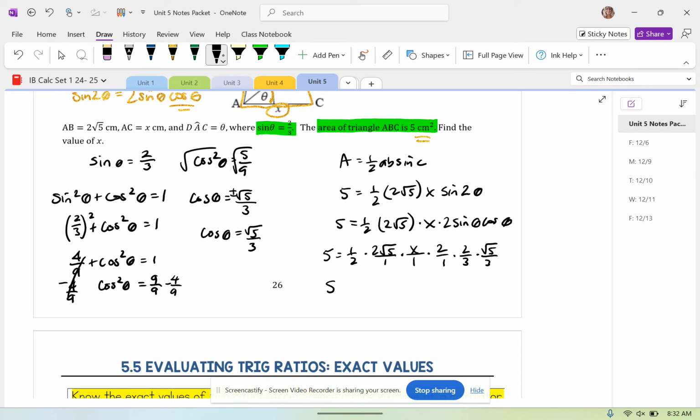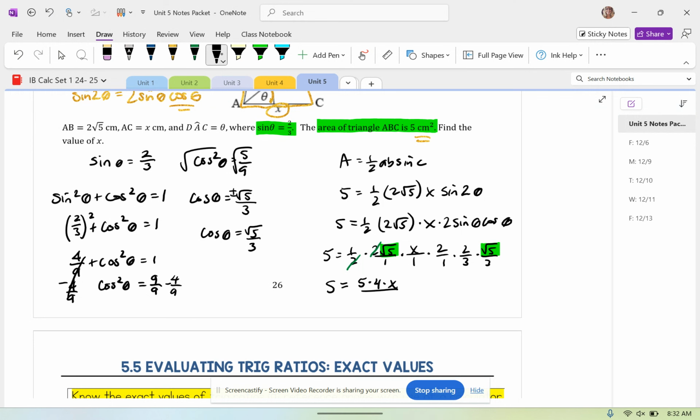So let's see what we can cancel here. All right, so I got 2/2. Those are going to cancel. Okay, so I've got rad 5 times rad 5, which becomes a 5. And then I have 2 times 2 is 4 times x.